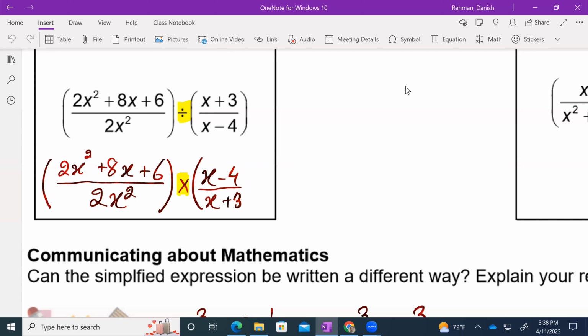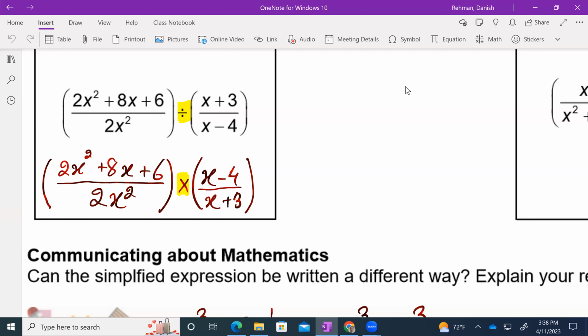Fixed. Now, what to do? Do you see anything common in the numerator over here in the blue highlighted term? Trinomial? Exactly. So, the 2 is a common factor.